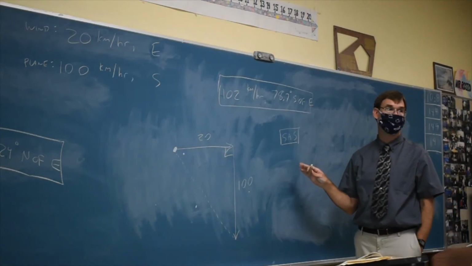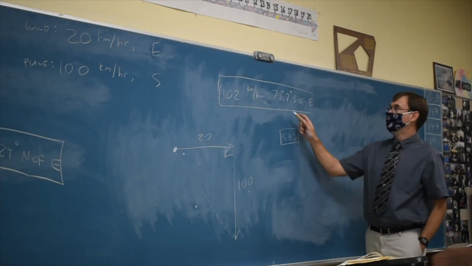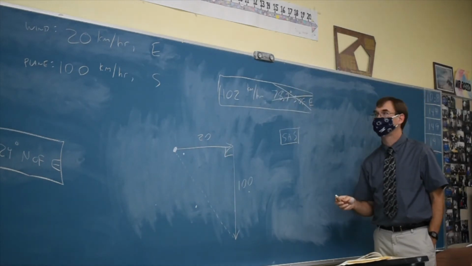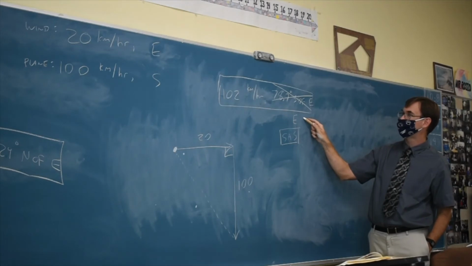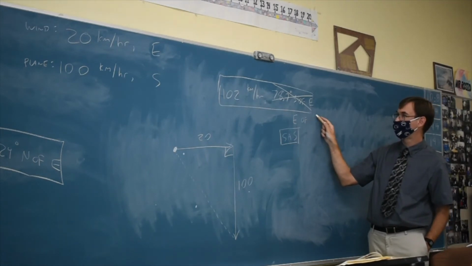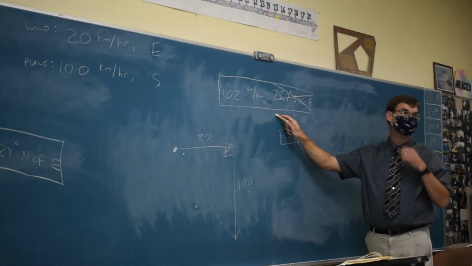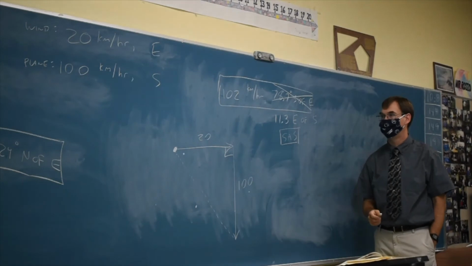What questions about any of that before I do one small twist? This might not be in blue in the margin. In the margin might be east of south. And how would the angle change? 90 minus that. 90 minus that would be 11.3.